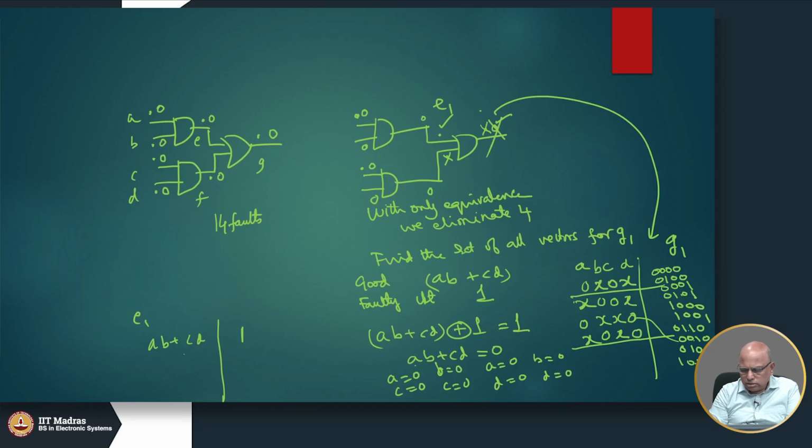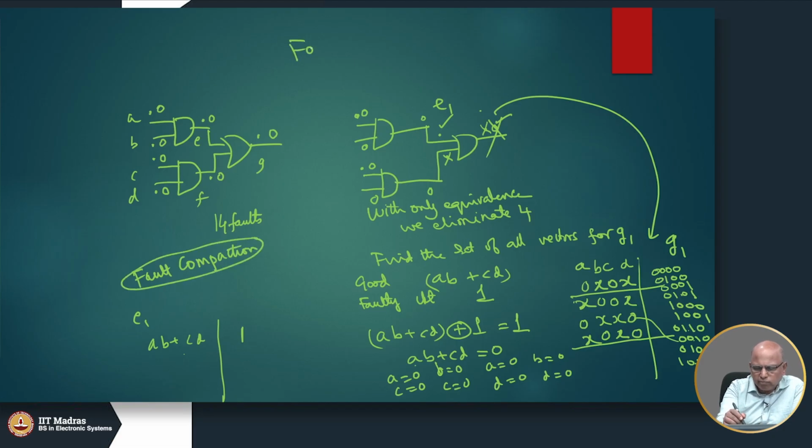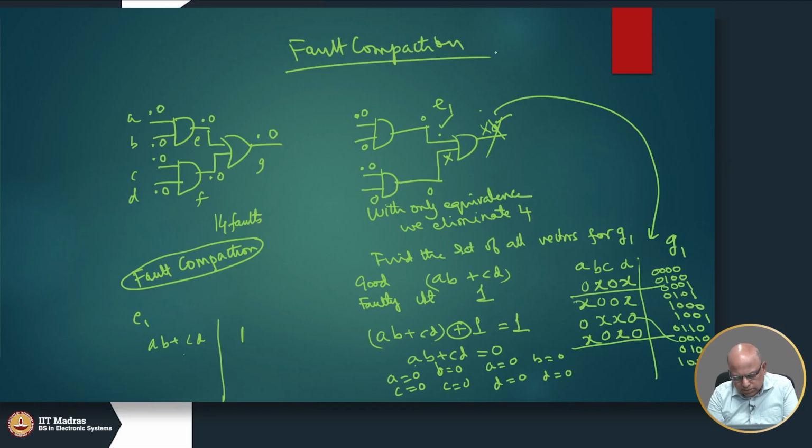So, using dominance and equivalence, you can further compact the list of faults. Some people like to call this fault compaction. The list of faults gets compressed.